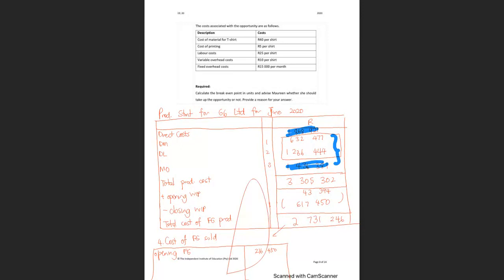from the production statement. That was your cost. Oh gosh, I hate when the screen does this. This is your cost of your finished goods produced, or cost of production of finished goods. So that's 2,731,246, and then you are subtracting your closing balance.